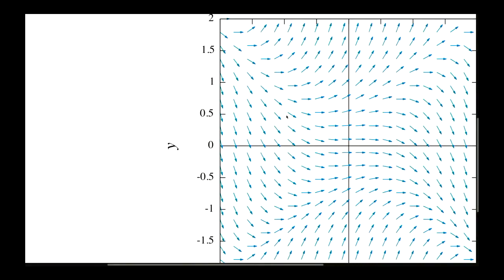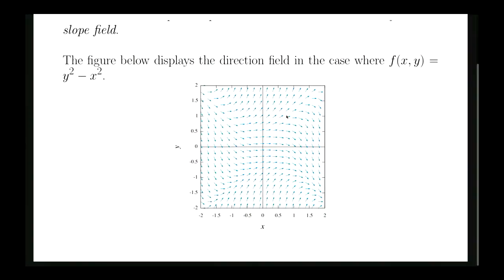That's x equals minus 1, y is a half, roughly. So that's a quarter minus 1, minus 3/4. So obviously negative, pointing down, right? And I can say, well, that's about right.